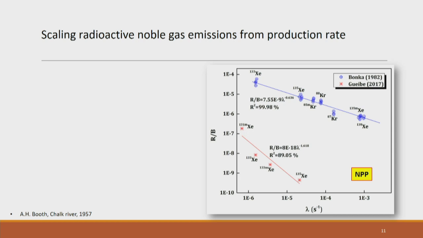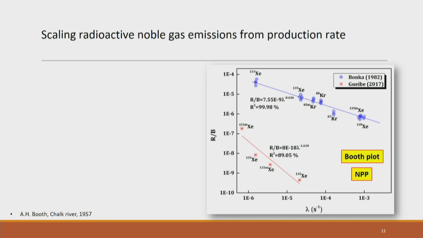This figure is known as a Booth plot, and it has the advantage of providing the release to birth ratio without needing to know how the xenon moves from where it is generated to where it is emitted from different compartments of the reactors.